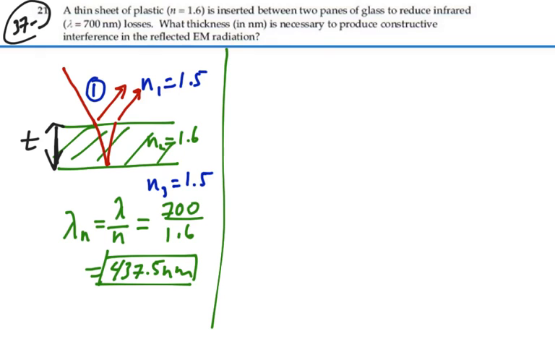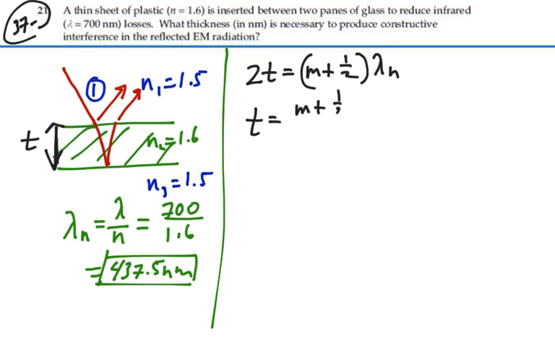We already have one phase reversal, so we want twice the thickness of the plastic to be equal to another phase reversal, m plus 1/2 times the wavelength inside the plastic. So solving for thickness, we have the thickness is equal to m plus 1/2 times the wavelength, 437.5, divided by 2.